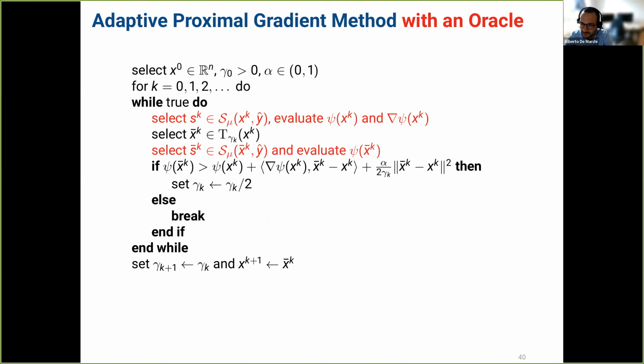And so the difference compared to the previous method is just these two red lines. So given xk, you select sk, so the slack variables, and then evaluate your function and the proxy for the gradient. You take the gradient step and again evaluate the slack variables, and then everything is going to work as if psi was actually smooth.